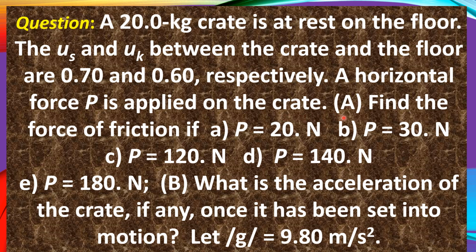Question A: Find the force of friction if, case A, the force P is equal to 20.0 newtons. Case B, if the force P is equal to 30.0 newtons. Case C, if the force P equals 120 newtons. Case D, if the force P is equal to 140 newtons.